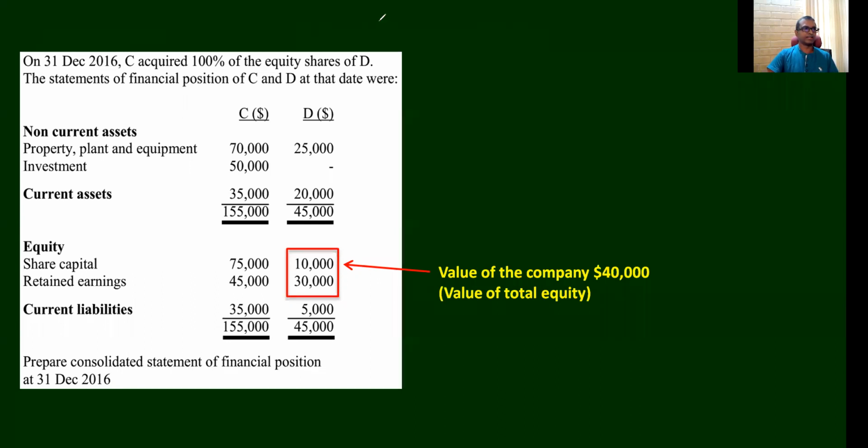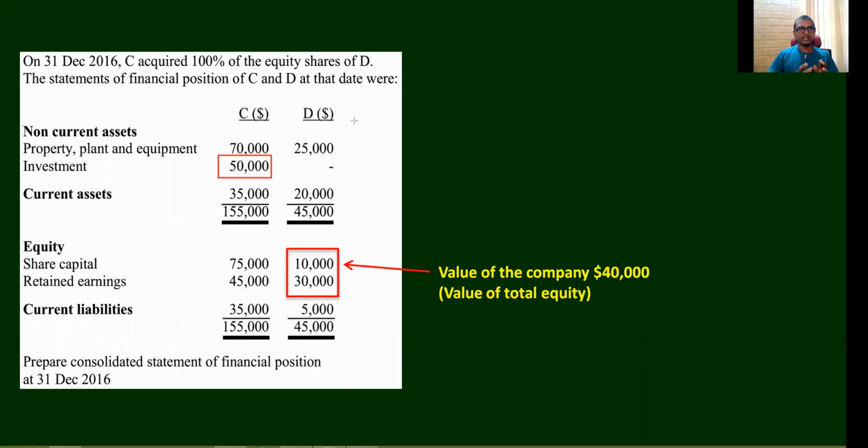Now you can see here one special thing. I want you to have your attention on this 50,000. Here, see, the investment here is 50,000, but the value of the company is 40,000. Why? Investment is different now. Investment is higher. Why? Company D's value is 40,000.